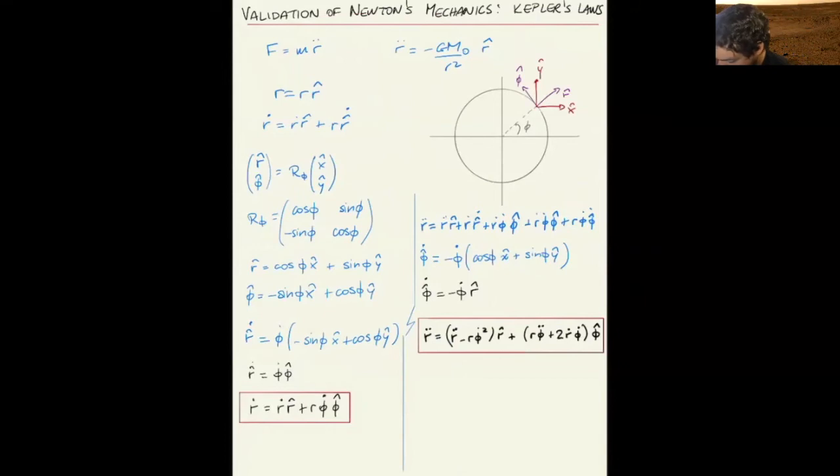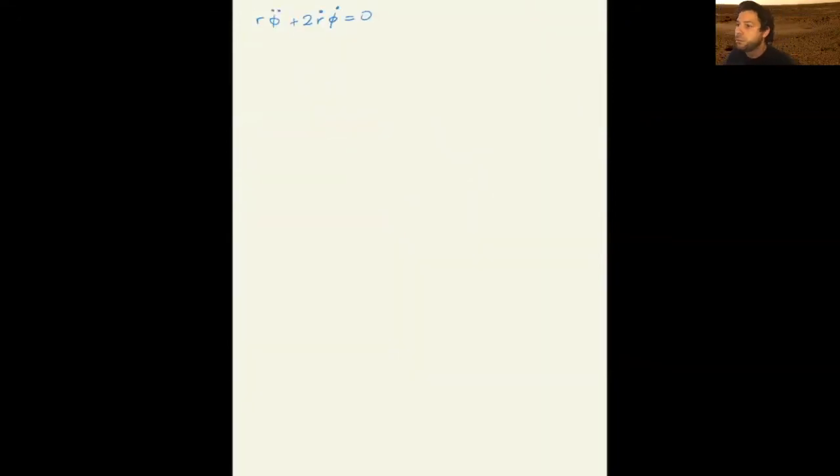Now we compare this expression with the force of gravity. This becomes the radial acceleration is equal to gravity, and the azimuthal acceleration must cancel. So let us examine the second equation first. So this equation here is of the form A B dot plus A dot B, which means that it can be written as a time derivative of AB.